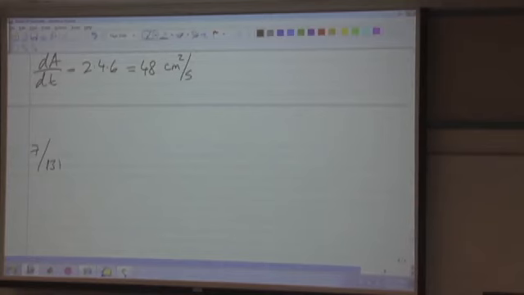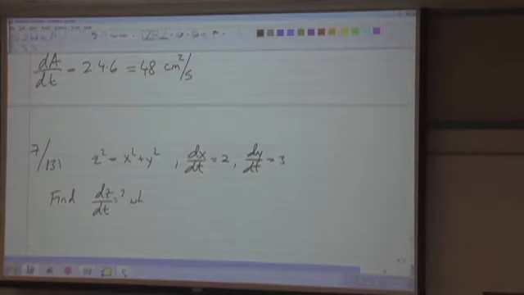Okay, so if z squared is equal to x squared plus y squared, dx over dt is equal to 2, dy over dt is equal to 3, find dz over dt when x is equal to 5 and y is equal to 12.